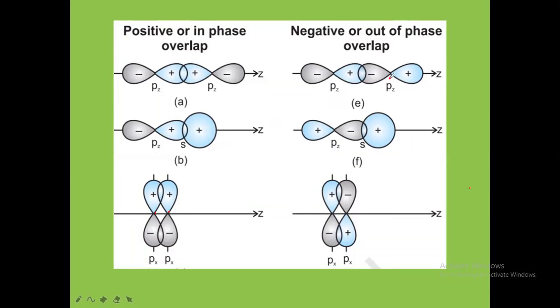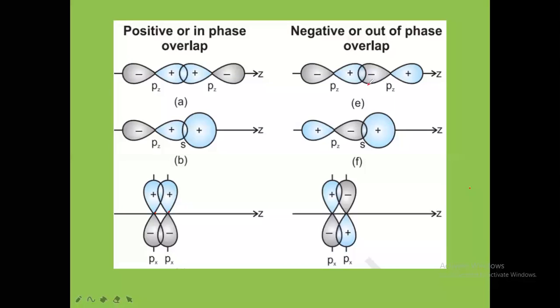Next, if you take this one, here both pz orbitals are present along the same axis. Here this is the negative lobe of the p orbital, and this is the positive lobe. Positive lobe means crest, and negative lobe indicates trough.